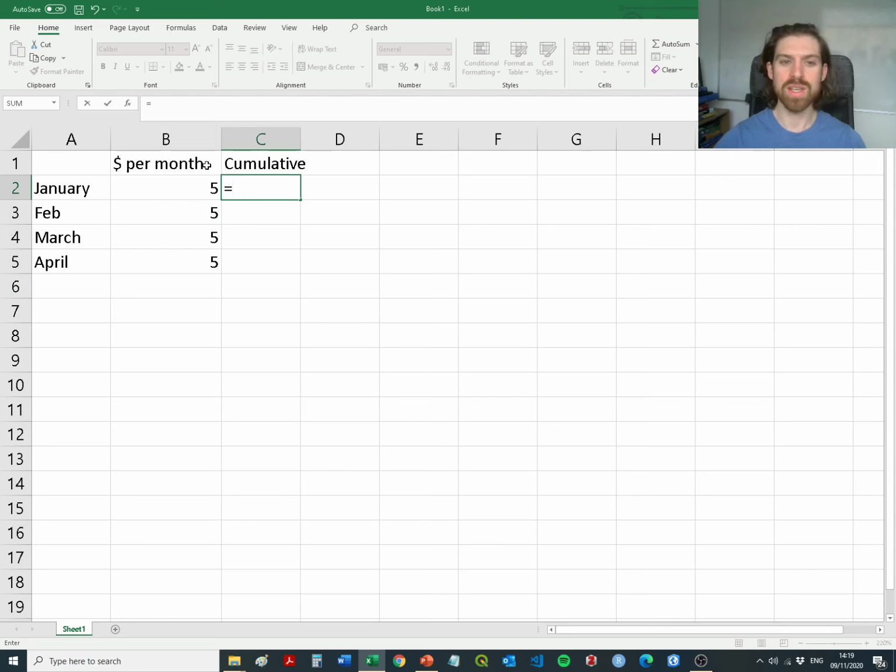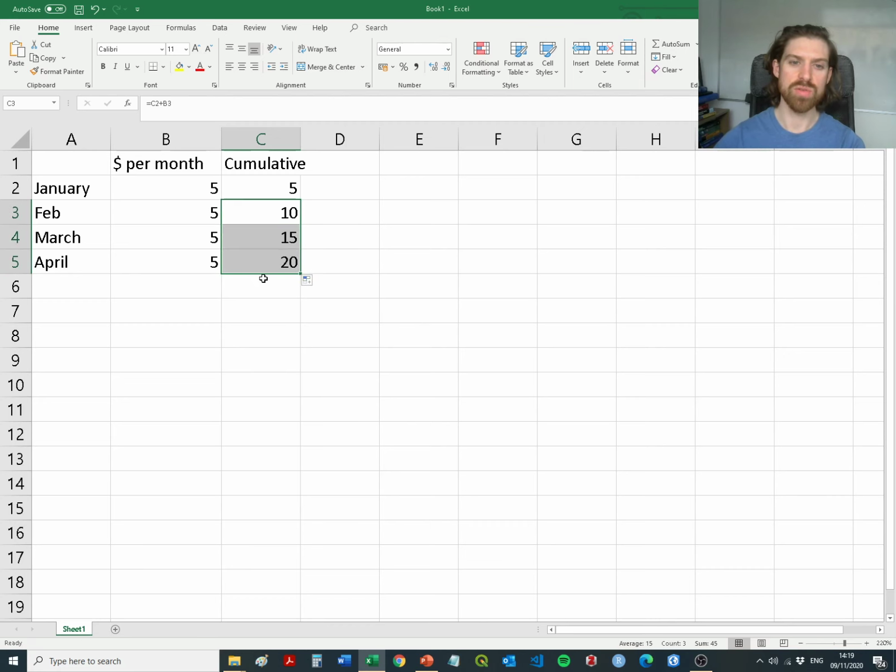The cumulative bank balance as a result over time essentially is as follows. So what you need to do at each stage, once you've got your sequence of data, is you basically need to add the new data point. So here you have your per month amount, and you add it to what the existing balance is.